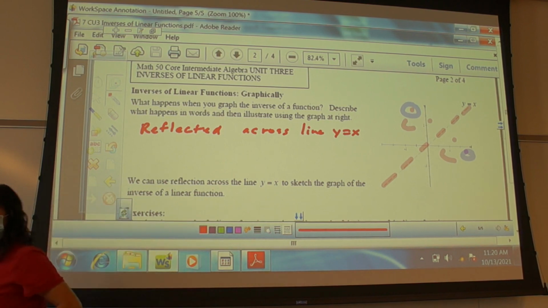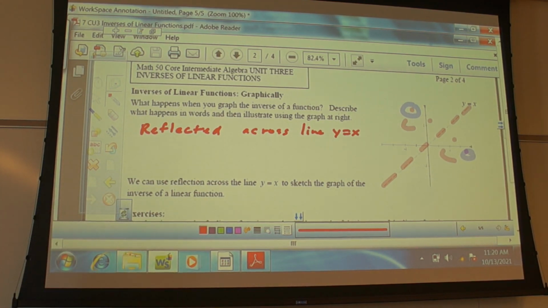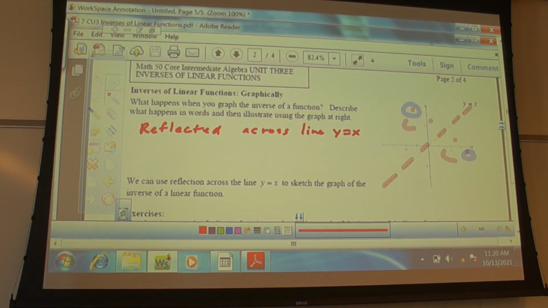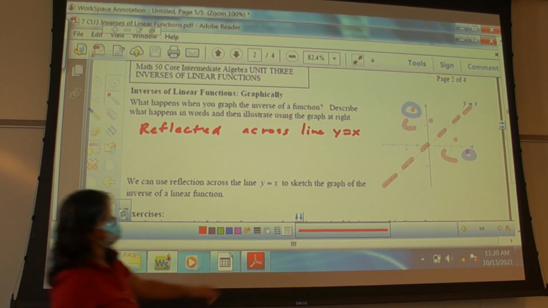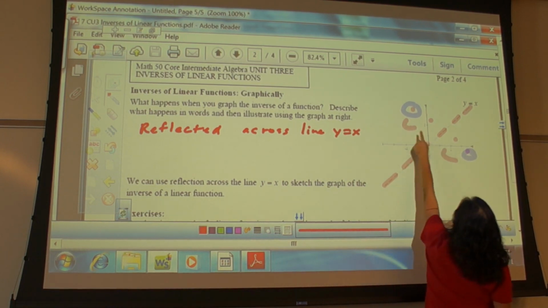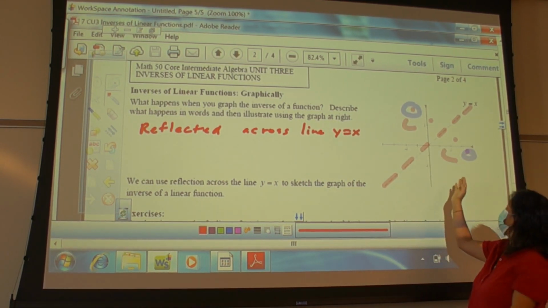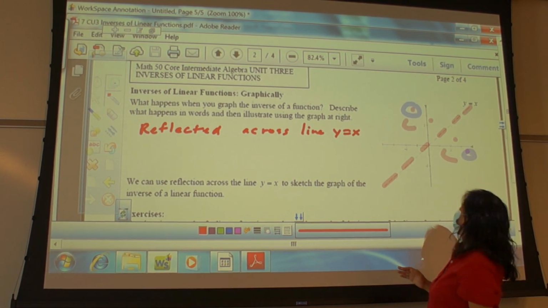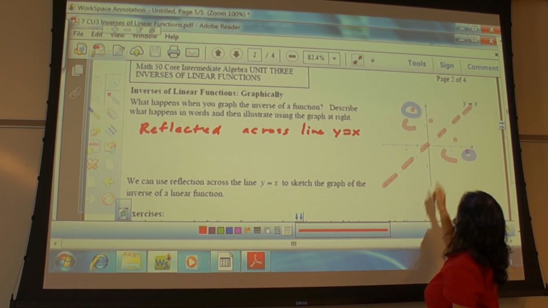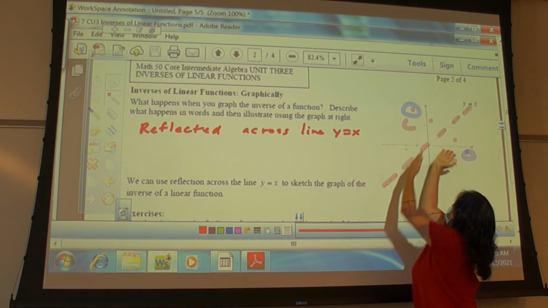So are the little happy faces indicating that that dot went to the next dot? Yes, it went across the line. This dot went to that dot, across the line. It's indicating reflected across that line. They're mirror images of each other.